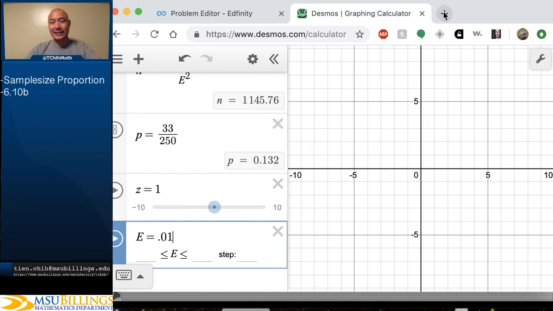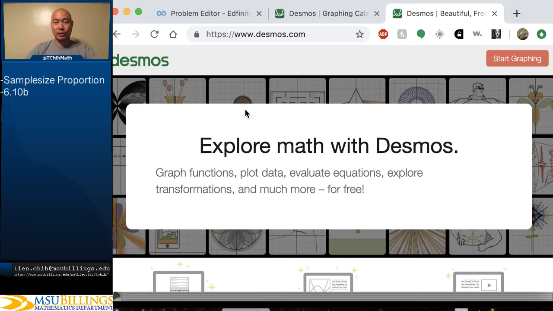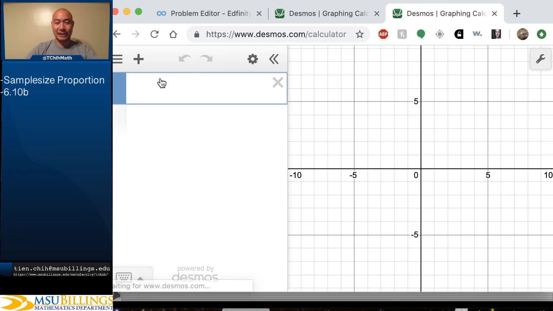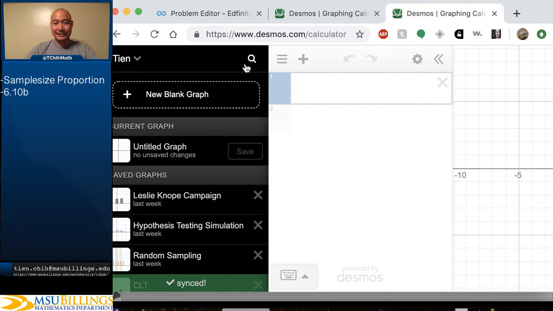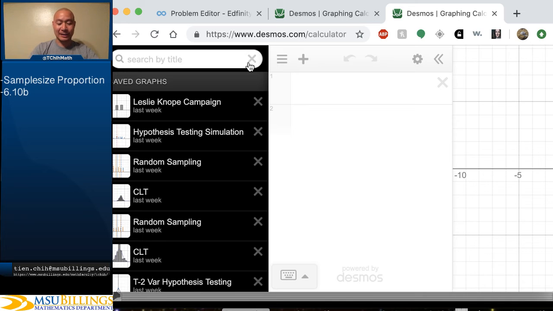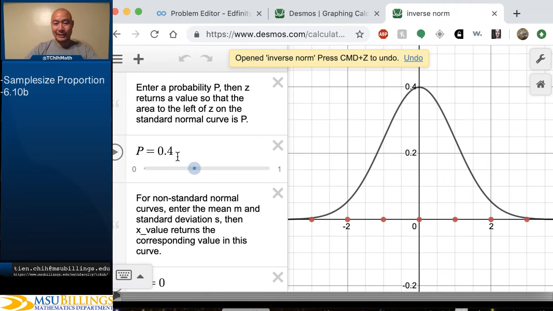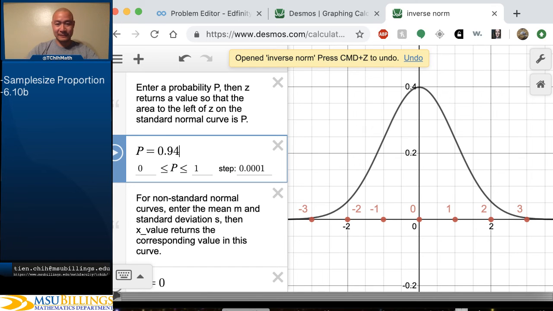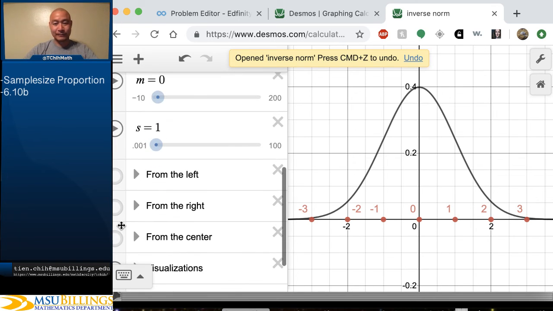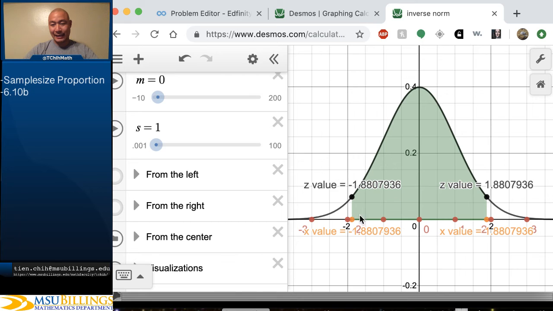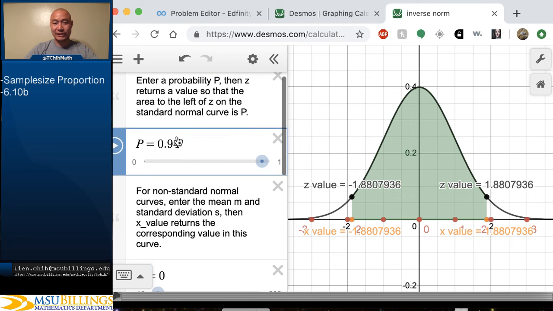As for z, it's the z-score associated with 94% confidence. And the z-score associated with 94% confidence is the score I get if I start from the middle and go out on both sides enough so that I capture 94% of the data here.